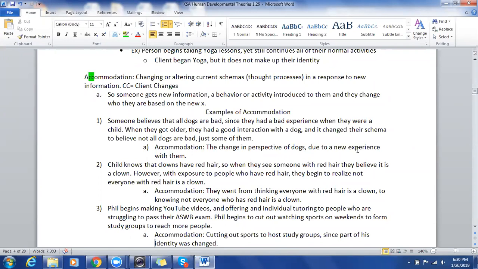However, with exposure to people who have red hair, they begin to realize not everyone with red hair is a clown. The accommodation factor here is they went from thinking everyone who had red hair is a clown, which is the beginning, to knowing not everyone who has red hair is a clown. They're able to make that distinction and separation there.